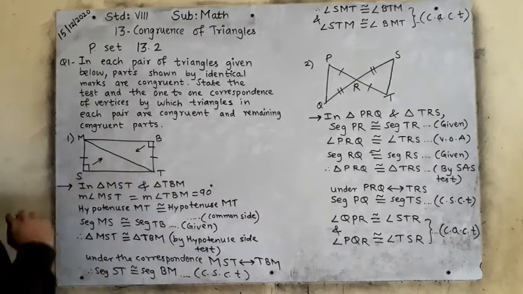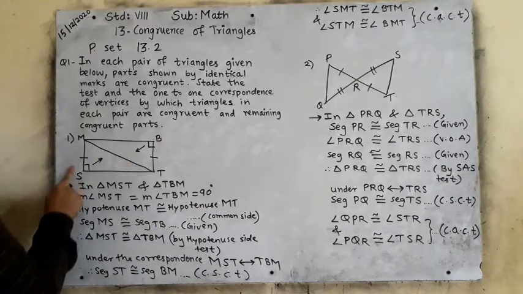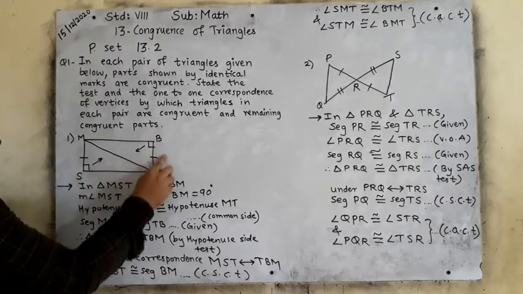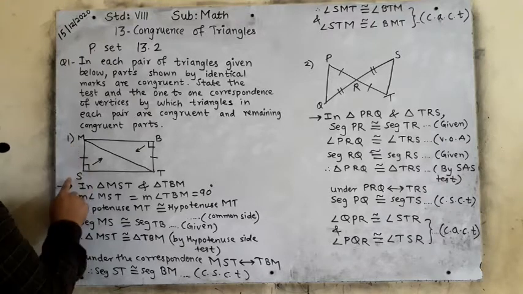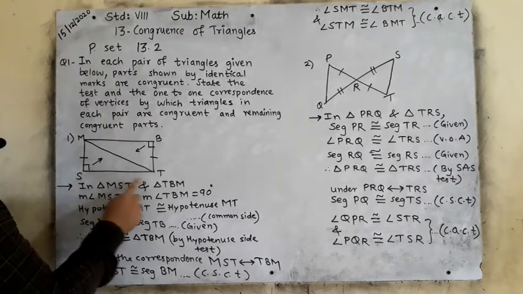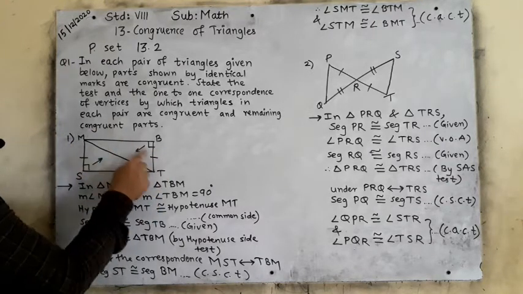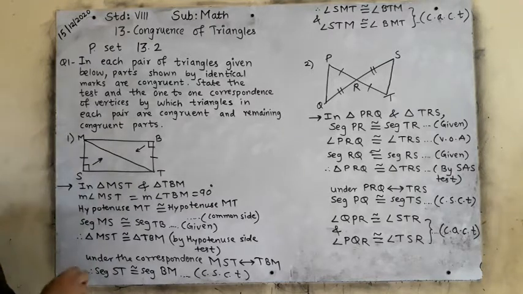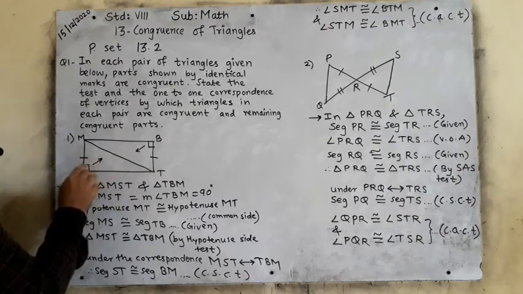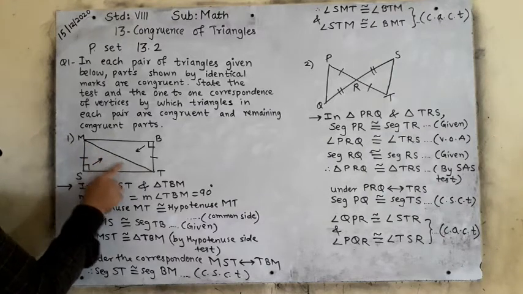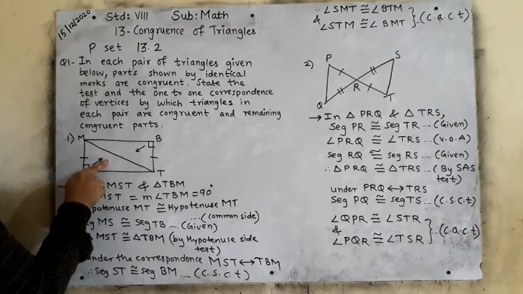So you know the two triangles. See, segment MS is congruent to segment TB, and angle MST is 90 degree. So angle TBM is also 90 degree. And MT is the common side. This is the hypotenuse also: MT is the hypotenuse, opposite side of 90 degree.